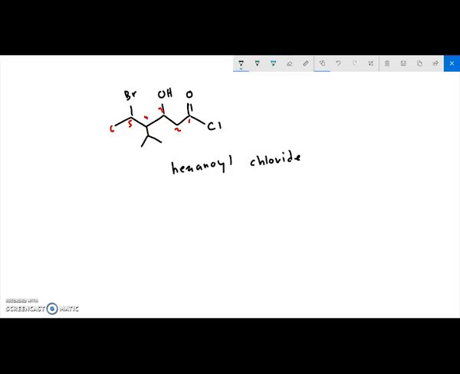And don't forget to list down every substituent that we have. We have 3-hydroxy, 5-bromo, and also 4-isopropyl, and they need to be arranged in alphabetical order.